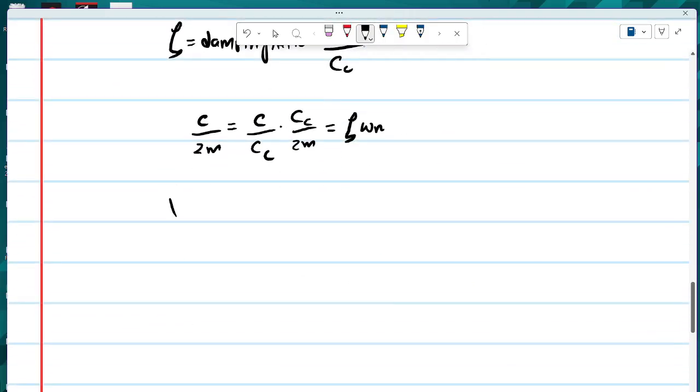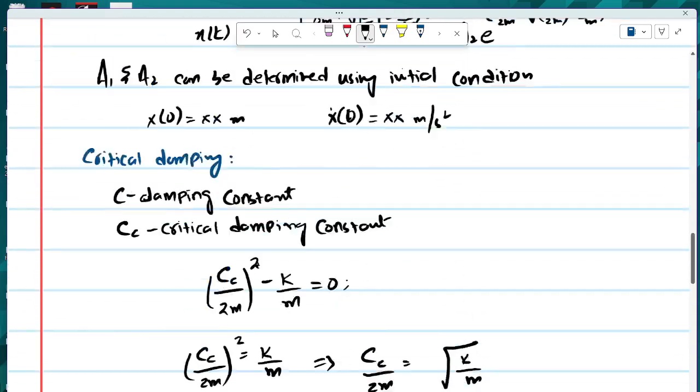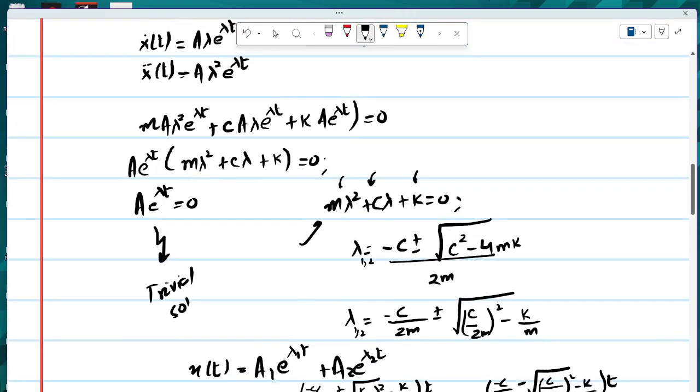So lambda 1 and 2 will become minus damping ratio plus minus under root damping ratio square minus 1, and this whole multiplied by omega n, that's natural frequency. So the values of lambda can be rewritten in terms of damping ratio.